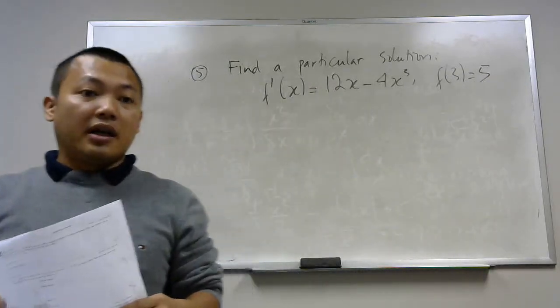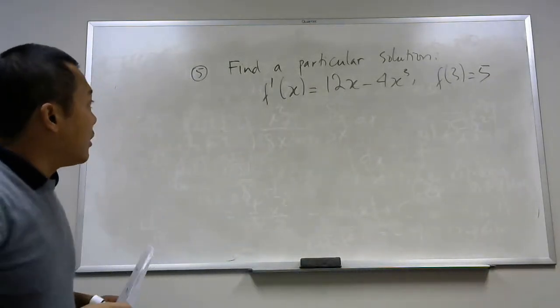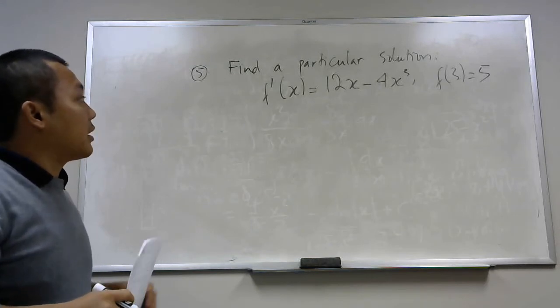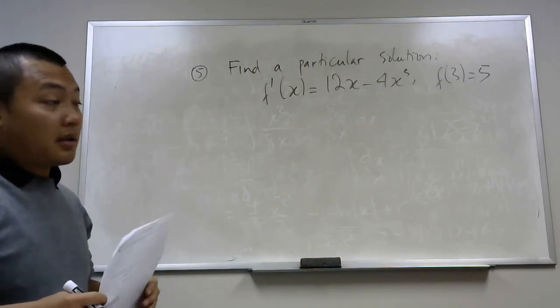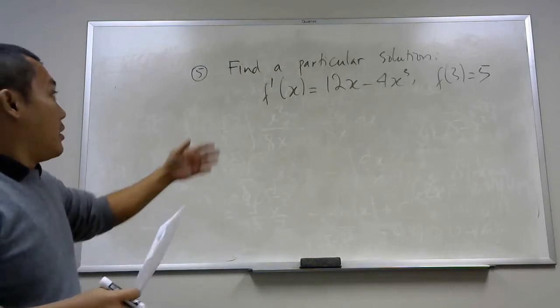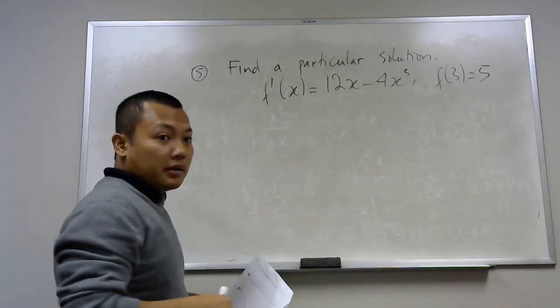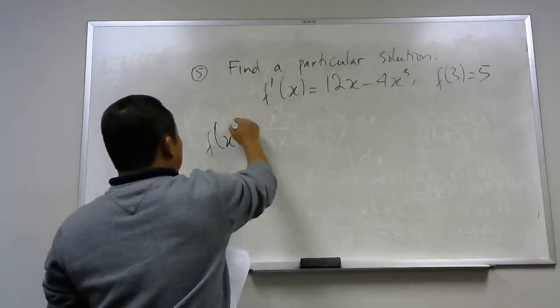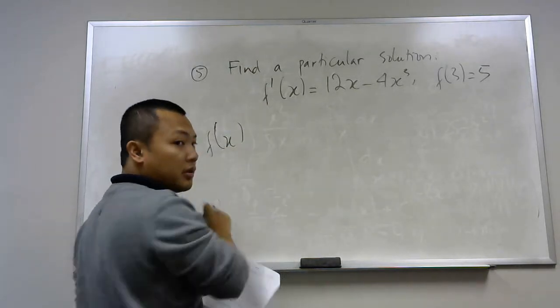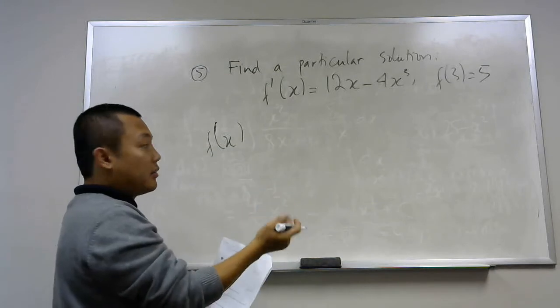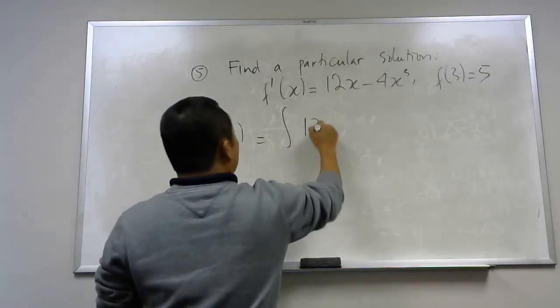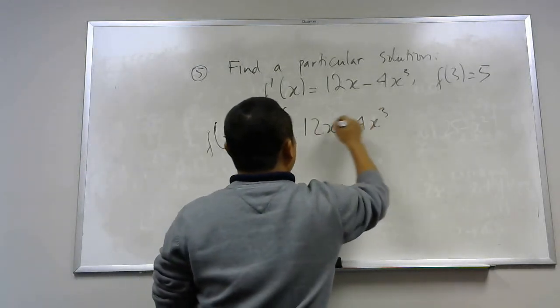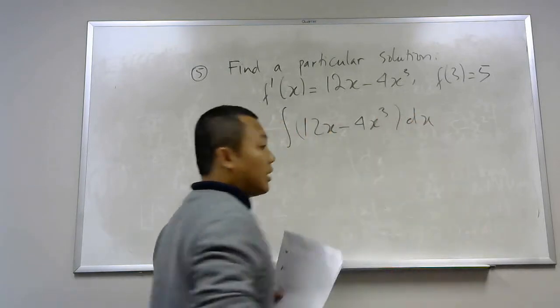Again, that's what we have today on the test, but the function is simpler because we have a linear function. So we need to recover the function f. We have f derivative. In order to recover f, we need to take the integral. Integral of 12x minus 4x cubed dx, right?